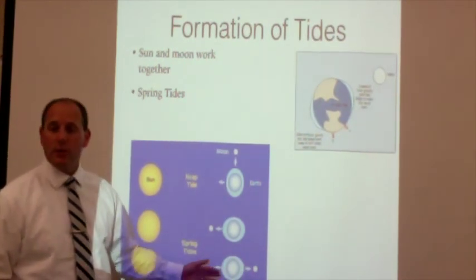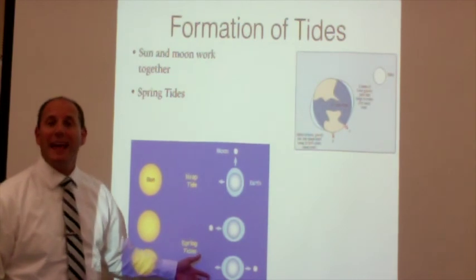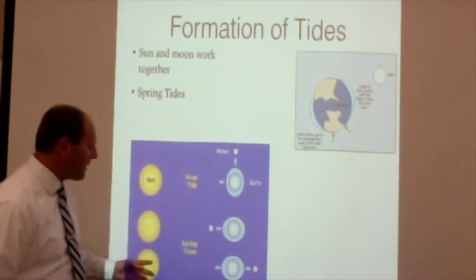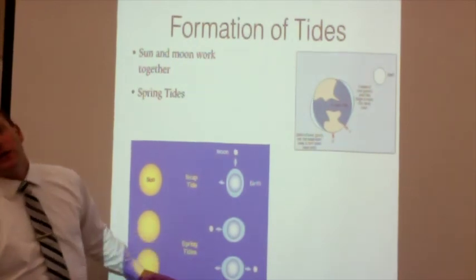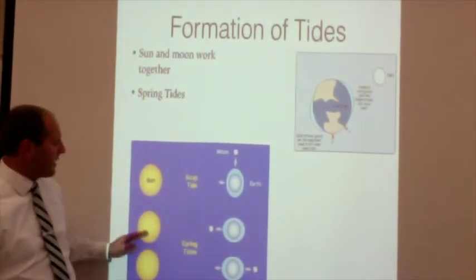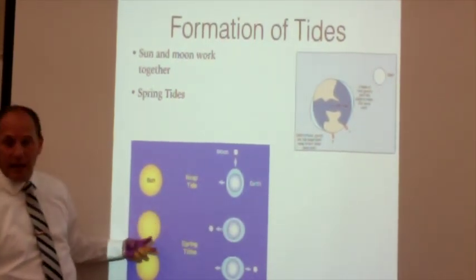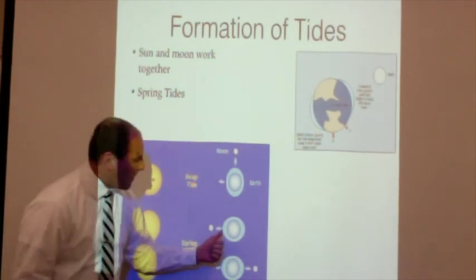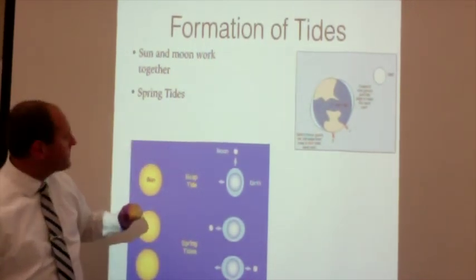The side opposite the moon, it's going to be relaxed. It's going to be falling away a little bit anyway. So with the sun being on that same side opposite the moon, it pulls that water even more. So we get a combination effect here. And of course, when the moon and the sun are on the same side, they're going to be pulling together. Highest highs, lowest lows for our spring tides.